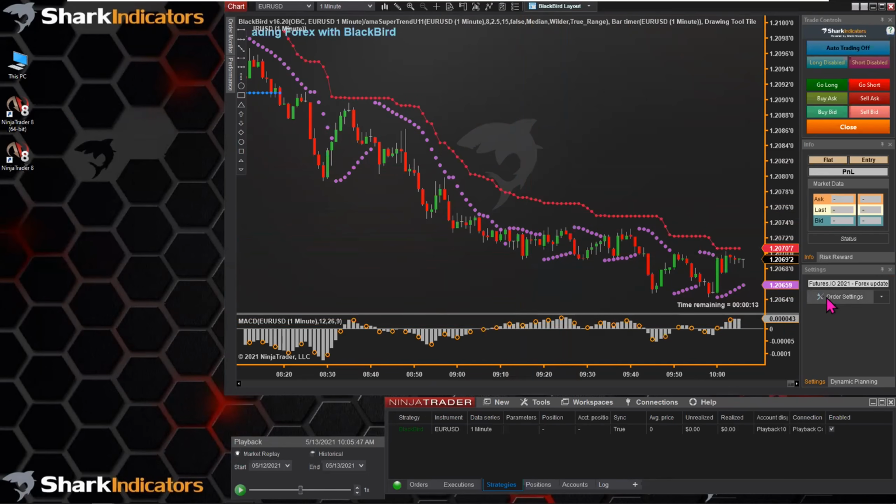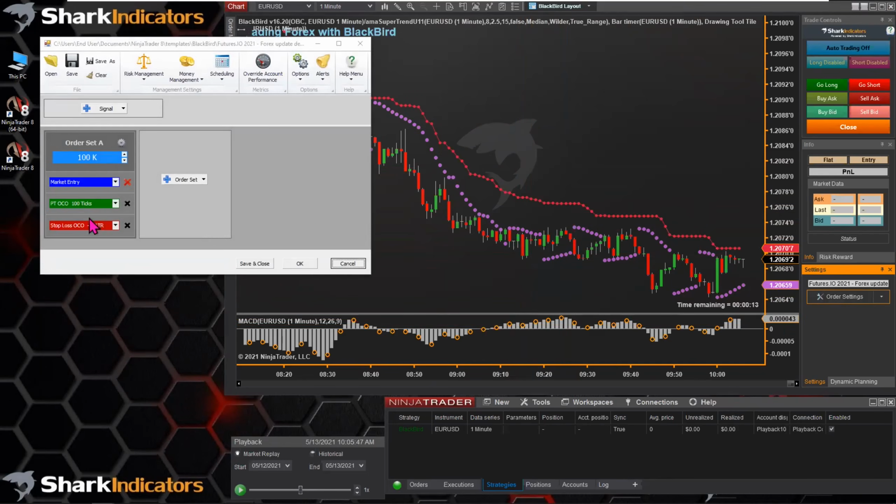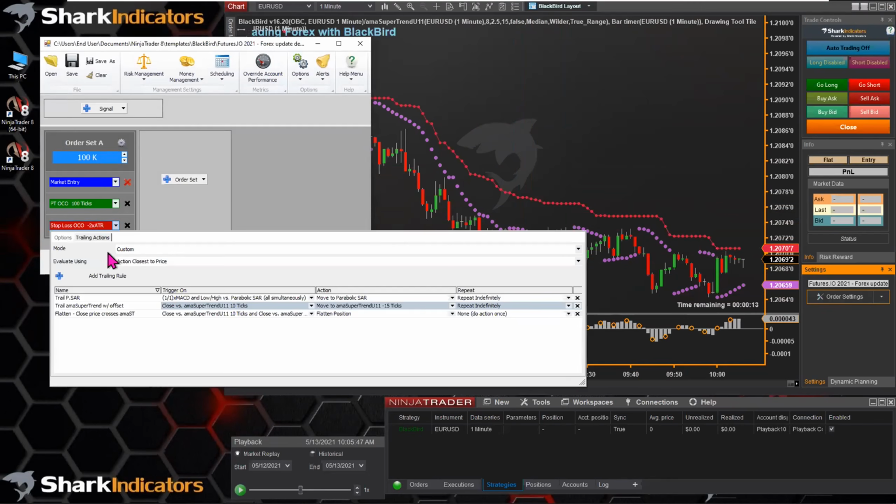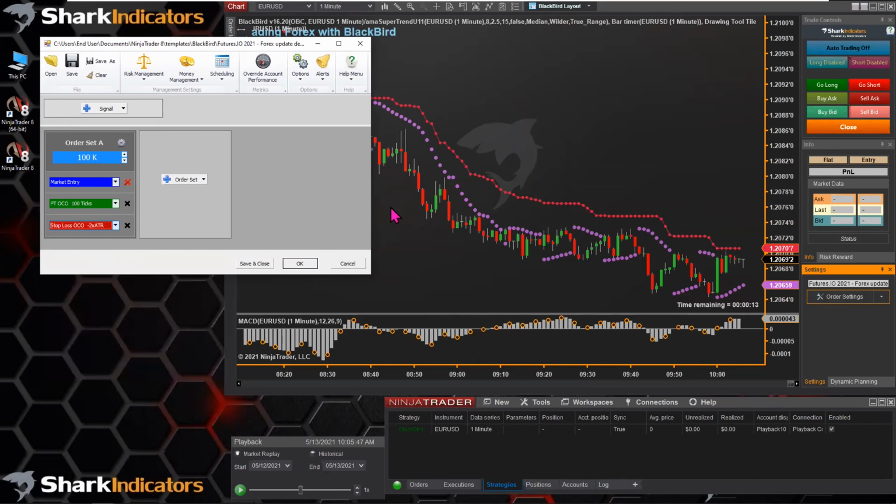So I've designed this trailing stop loss originally to follow the super trend, but then if the MACD histogram goes against the trade, so for example, if we were in this short trade here as the market was going down, the stop loss would be following the super trend indicator, the red dots.